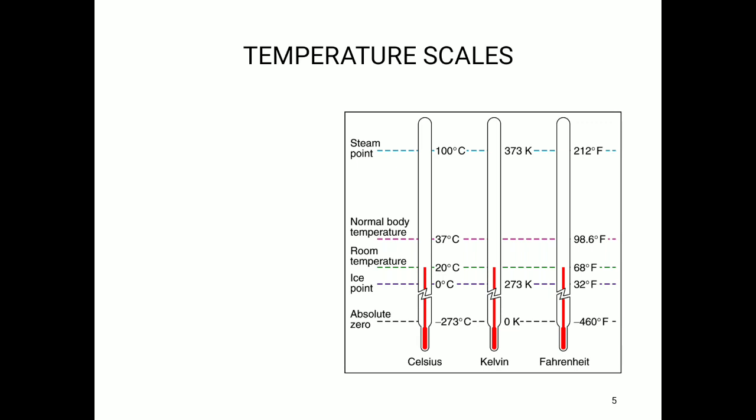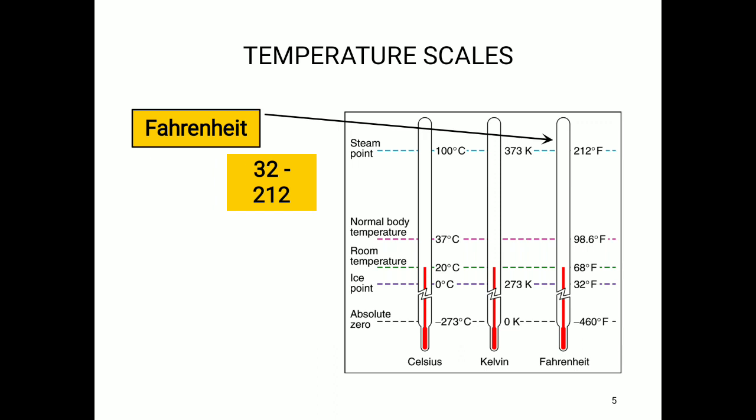At different scales, you can see that the steam point is 100 degrees centigrade, whereas in the Kelvin scale it is 373 Kelvin, and in the Fahrenheit scale it is 212 degrees Fahrenheit. Similarly, the ice point is 0 degrees centigrade, in the Kelvin scale it is 273 Kelvin, and in the Fahrenheit scale it is 32 degrees Fahrenheit.